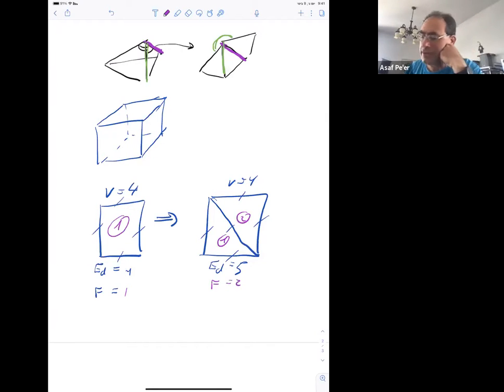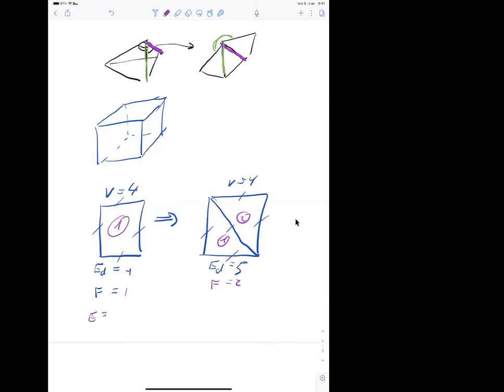What's the Euler characteristic? I don't know.